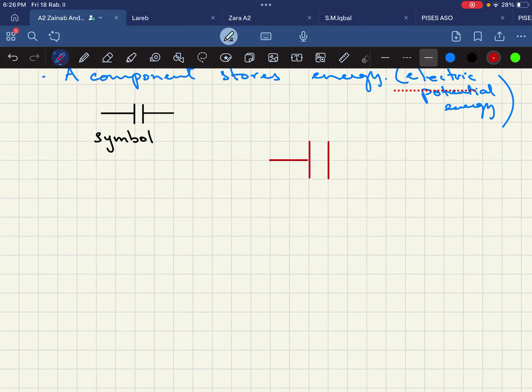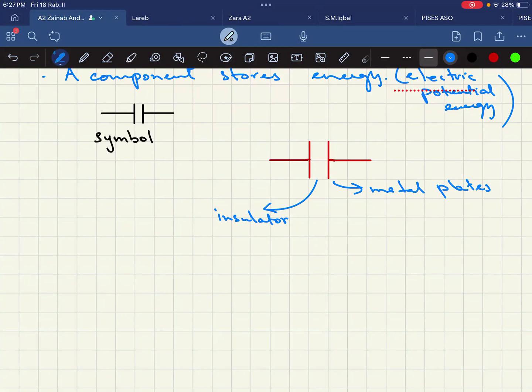parallel metal plates that are parallel to each other, and there is an insulator between these two plates.